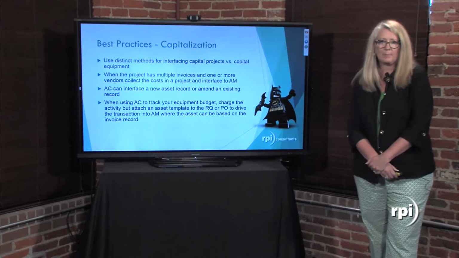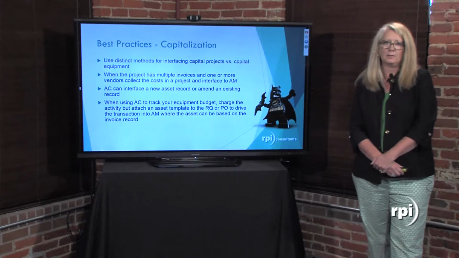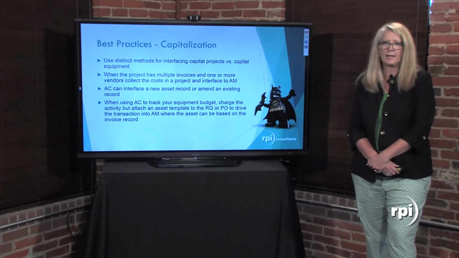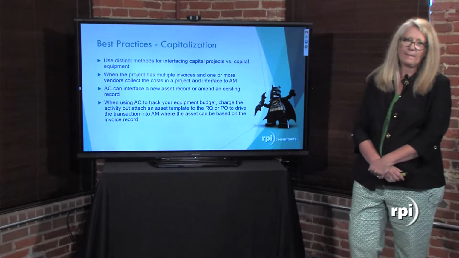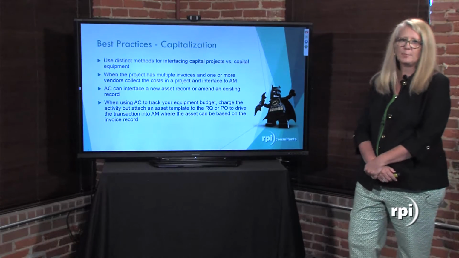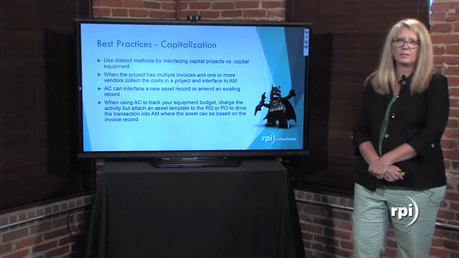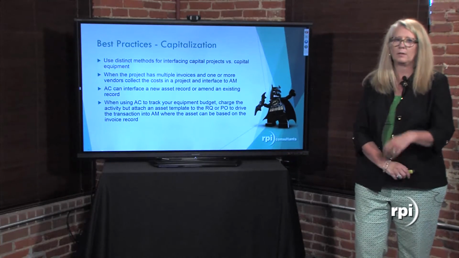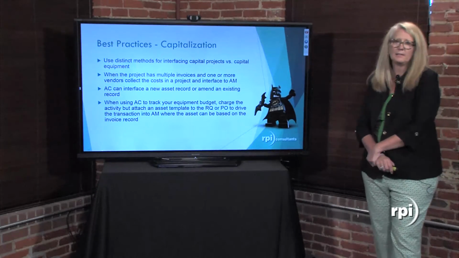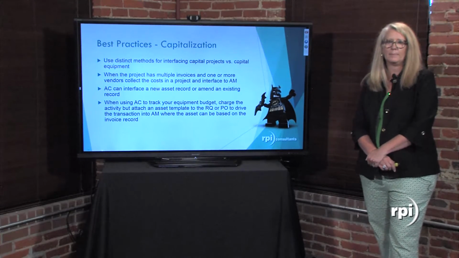Best practices for capitalization. Use distinct methods for interfacing capital projects versus capital equipment. When the project has multiple invoices and one or more vendors, collect the costs in a project and interface it to AM. Collect all those costs in the AC world and interface that to AM.